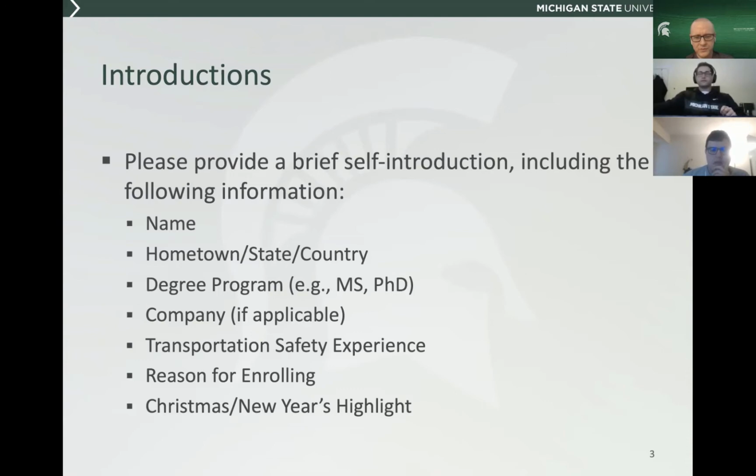And we've also introduced some of that content into a few of the undergrad courses, primarily CE 341 and CE 449. And so this is basically a core course for anyone who would be doing any work within the safety domain.